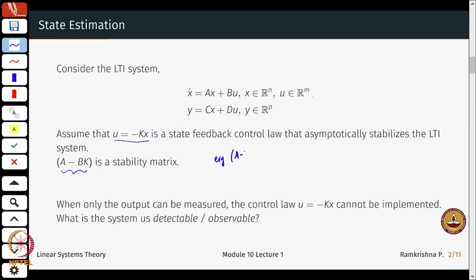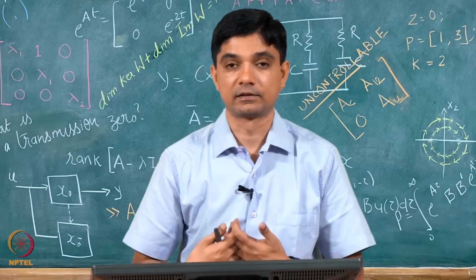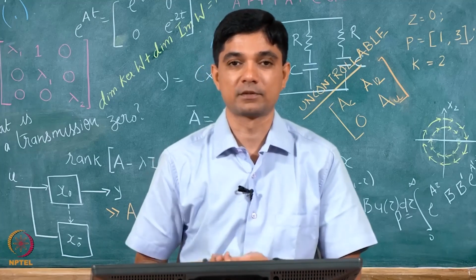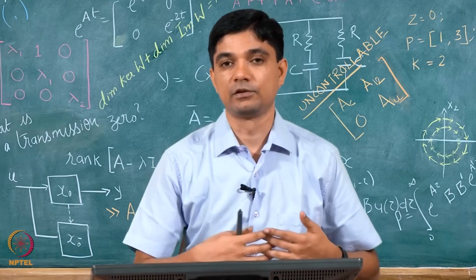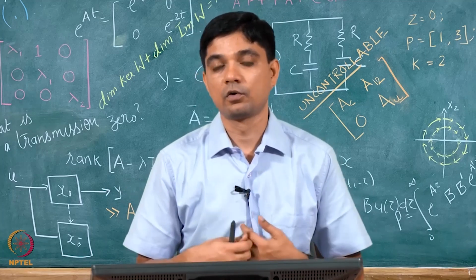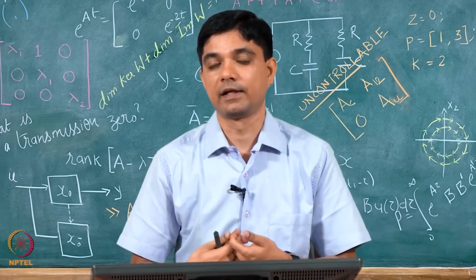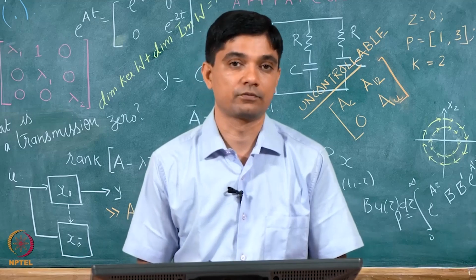So eigenvalues of A minus BK could be at some predetermined locations mu1 till mu n. And then we saw a bunch of methods of how to construct the K matrix. This was typically called pole placement. We started off with techniques that compare the coefficients of the characteristic equation or look at the controllable canonical form, and towards the end we derived something called Ackermann's formula.